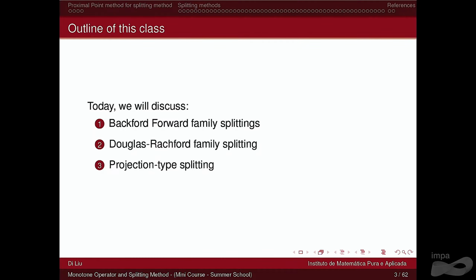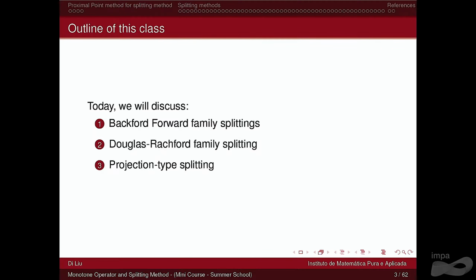First, we talk about the backward-forward or forward-backward family of splittings. Then we talk about the Douglas-Rachford family of splitting methods. Actually, the first and second classes are similar because they are analyzed from the solution side of the inclusion problem.